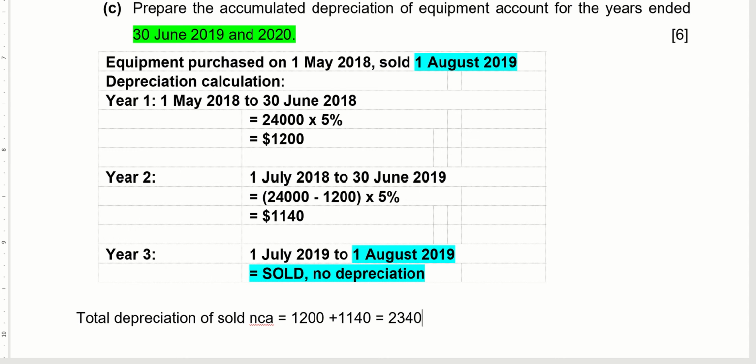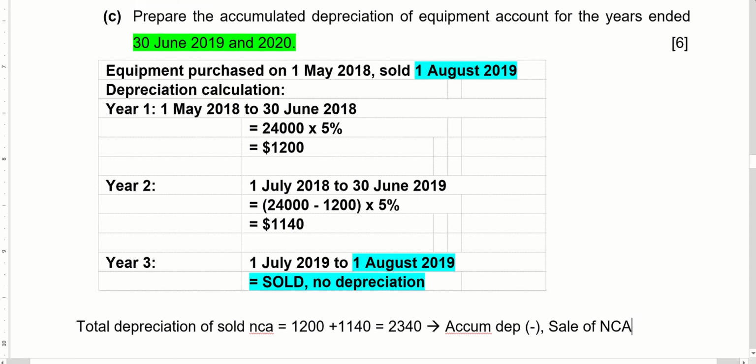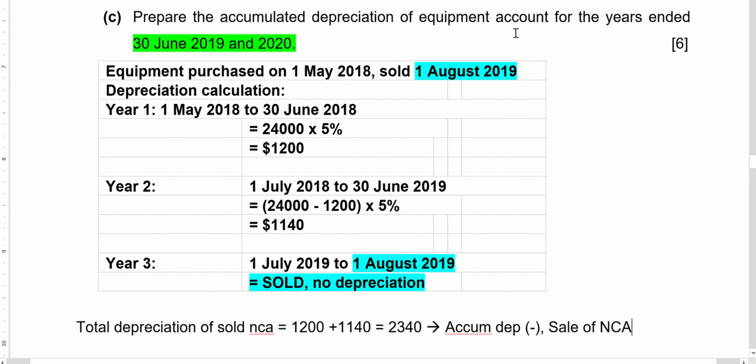Okay, and when you sell your NCA, the double entry that you should be recording is accumulated depreciation here. You need to minus it away. The other account affected is the sale of NCA account. So how does this get recorded in your accumulated depreciation?